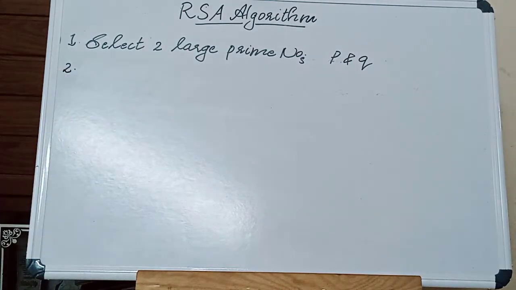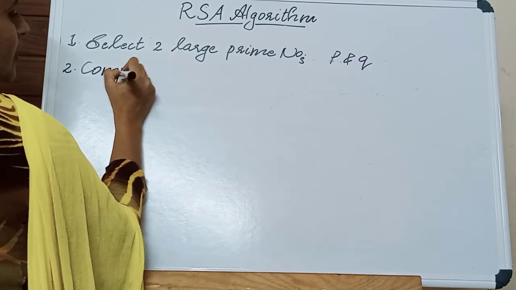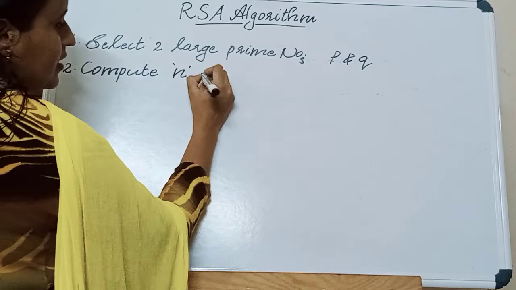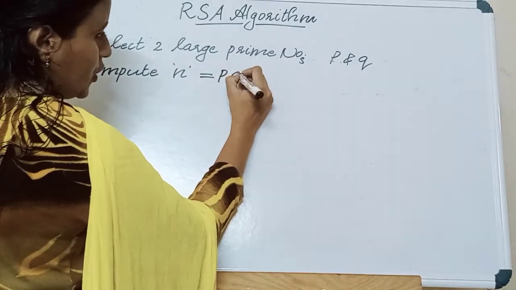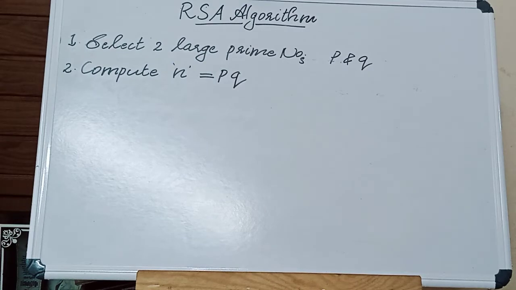The second step for implementing RSA algorithm is to compute a value n. n is equal to P into Q. Make this n value public.